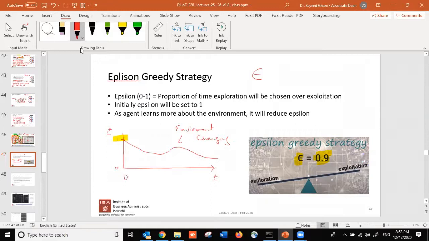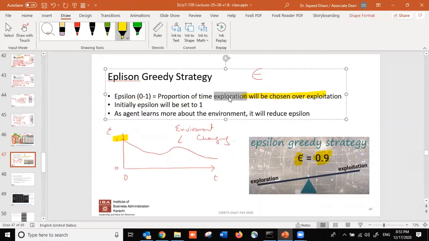And epsilon is basically the probability, the proportion of time that exploration will be chosen over exploitation.